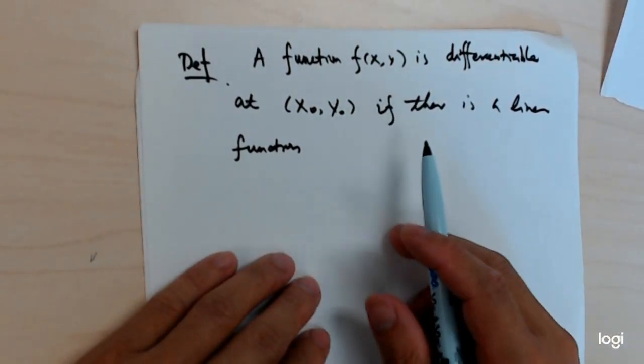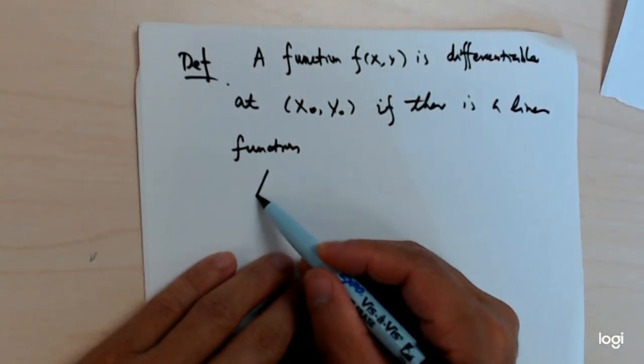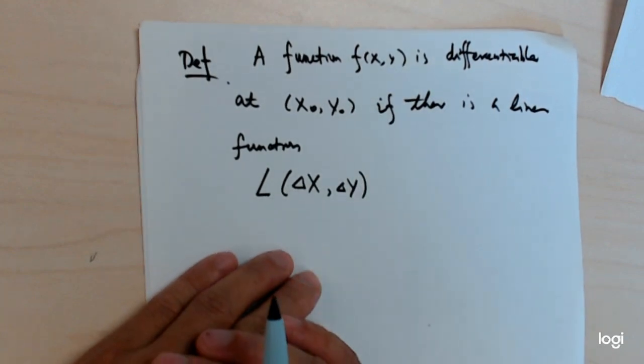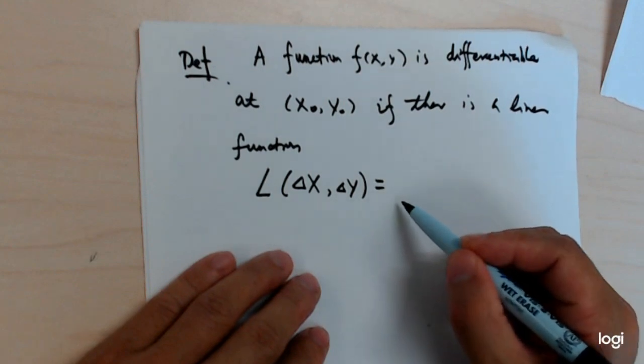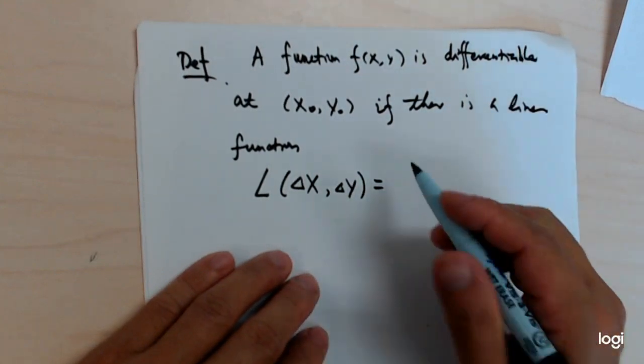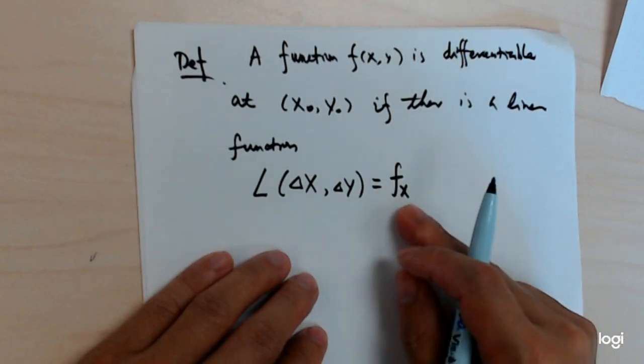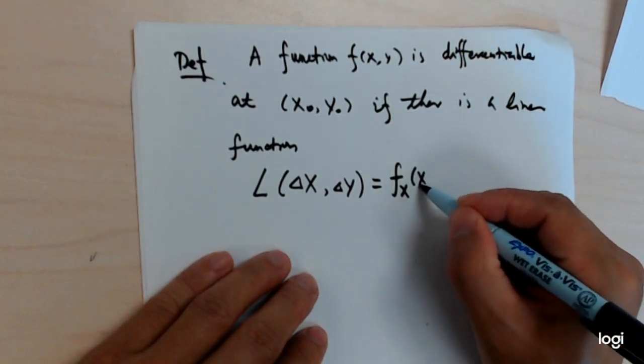If there's a linear function, we call this linear function L, a linear function of delta x and delta y, which turns out to be given by the following formula. Partial derivative of f with respect to x evaluated at x naught, y naught.